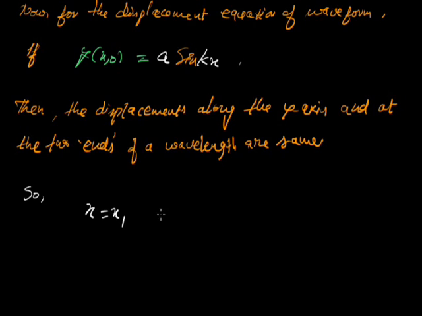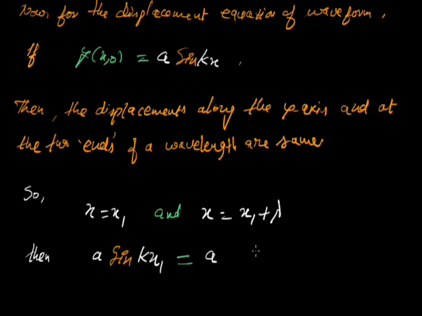So we can consider here that initially if the displacement at the first end of the wavelength is x equals x1 and at the last end of a wavelength the displacement is x equals x1 plus lambda, then A sin kx1 will be equal to A sin k(x1 plus lambda).